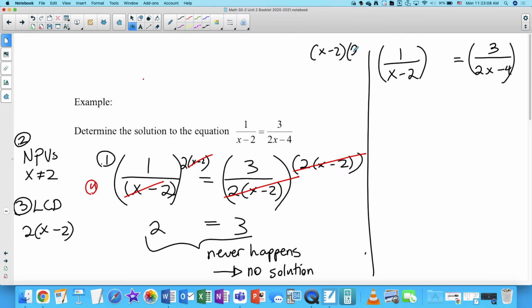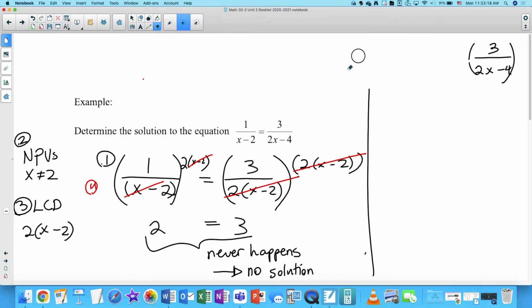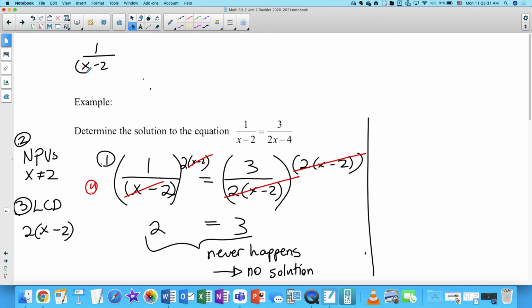I'm totally going to run out of room here. Wait, I've got to move this over. Okay, let's do it up here. If I start with the same equation, you have to give yourself lots of space in this topic. Don't squish.